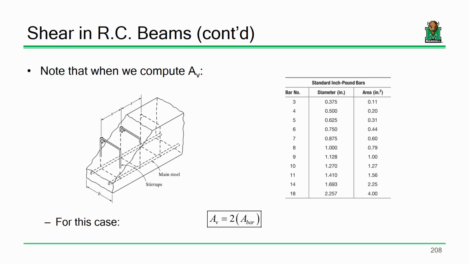Not one, but two. Does that make sense? So let's say they're number 3 stirrups, a very common stirrup size. If I look up a number 3 stirrup, the area of a number 3 is 0.11. My A sub v, however, would be 0.22. Does that make sense?